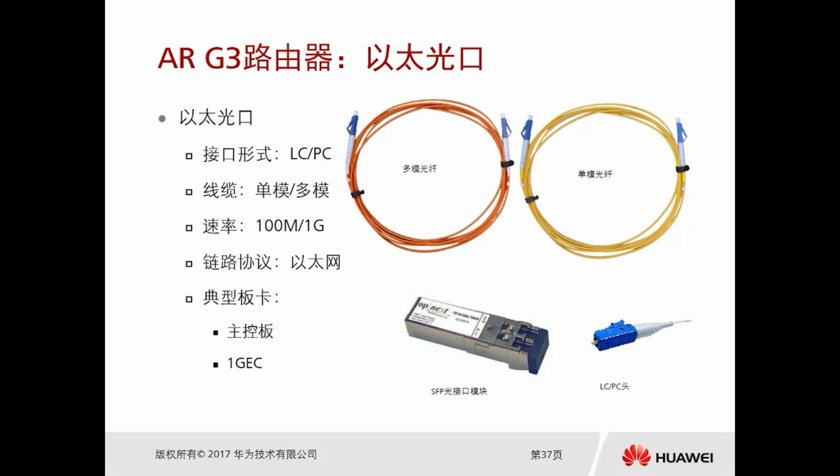For example, if you are using multi-mode fiber, then you must use the multi-mode optical interface module. If we use single mode fiber, then what it needs is the single mode fiber optic module.